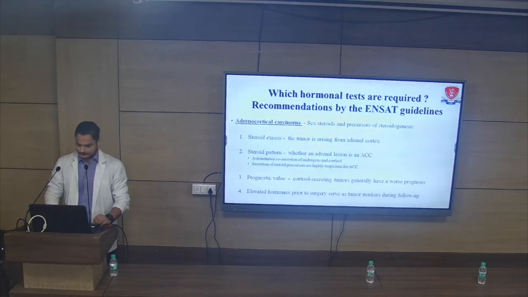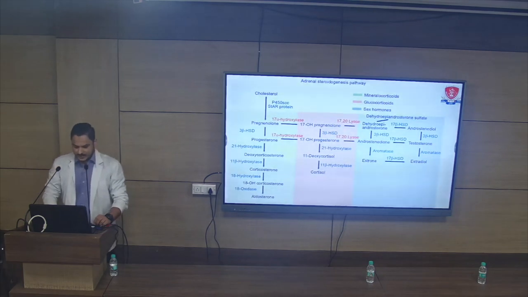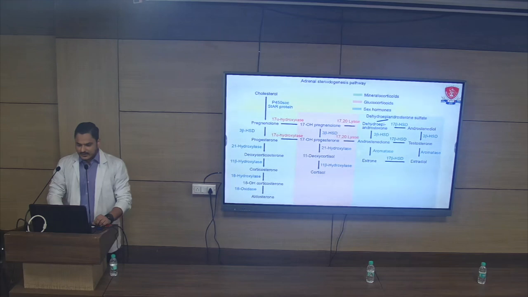Having known the importance of sex steroids, I would briefly tell you about the adrenal steroidogenesis pathway. Here we can see that the first column is the formation of mineralocorticoids, which takes place in the zona glomerulosa. The second column depicts the formation of glucocorticoids in the zona fasciculata.